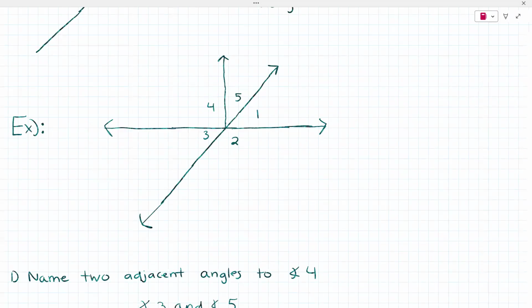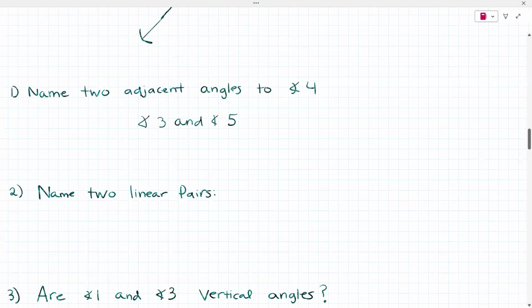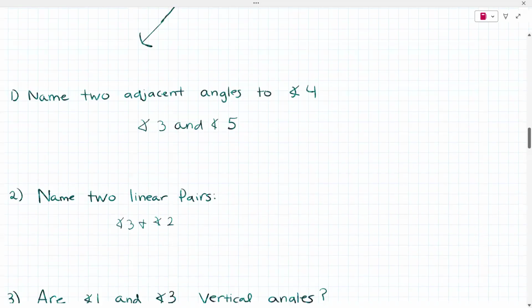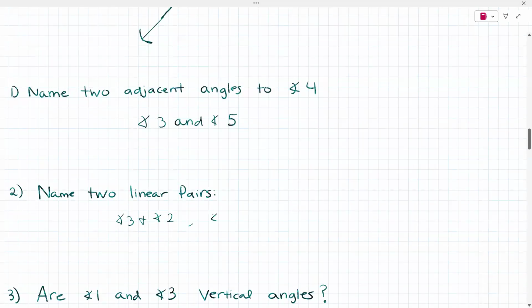I see a straight line here, so a linear pair would be angle 3 and angle 2. They're not congruent, but they do add up to 180. What else is another linear pair? Think of a straight line. I see a straight line right here. Another linear pair would be angle 1 and angle 2.